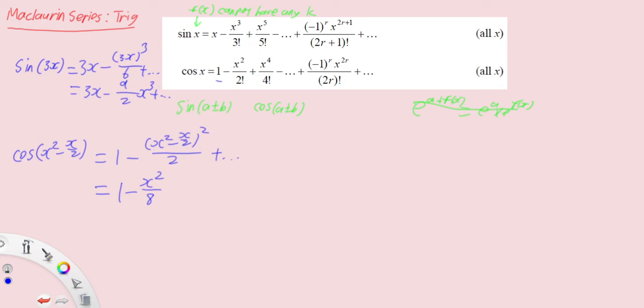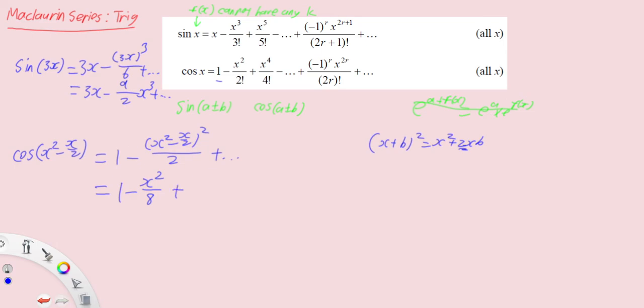Now the cubic term. We have x squared times x over 2, and we need times 2 again, because as per usual, (a plus b) squared is basically a squared plus 2ab. So 2 times x squared times minus x over 2 will give us minus x cubed. So minus x cubed becomes plus x cubed because of the minus sign outside.